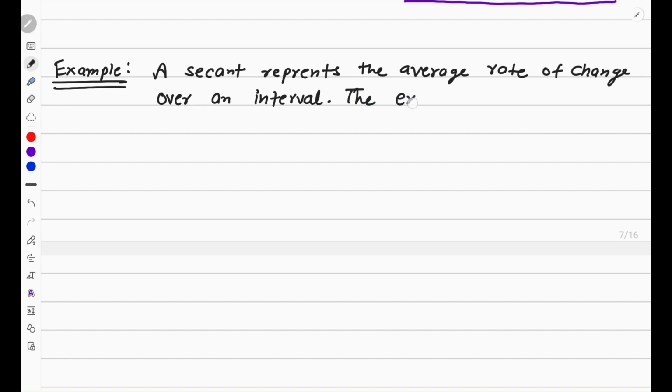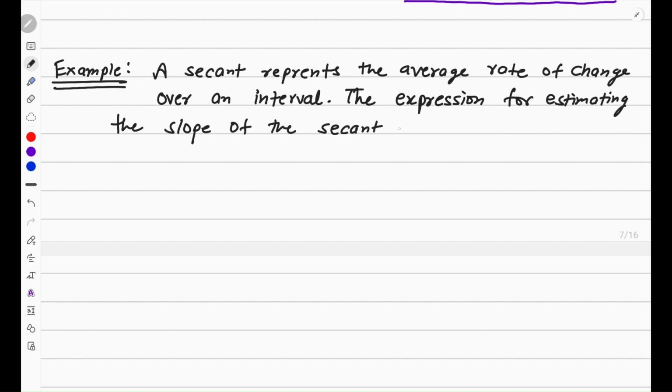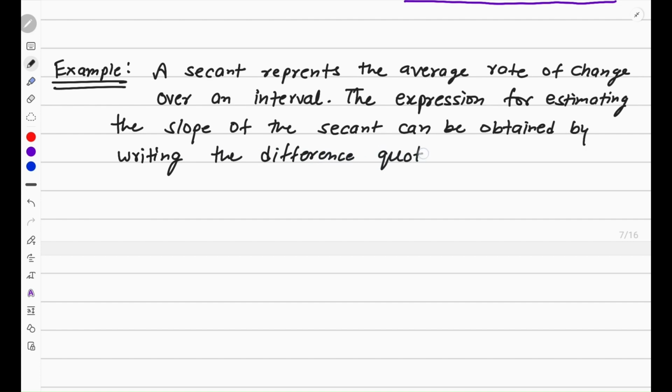The expression for estimating the slope of the secant can be obtained by writing the difference quotient, which is delta y over delta x equal to f(a plus h) minus f(a) over h.